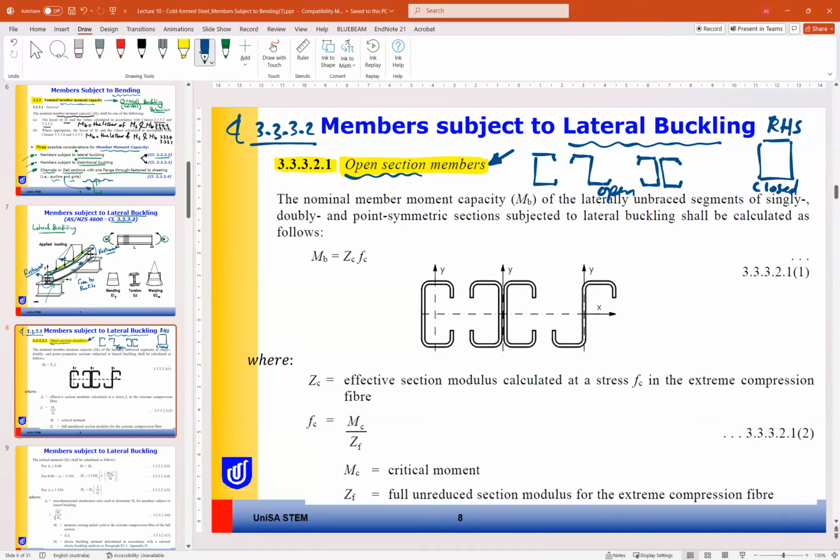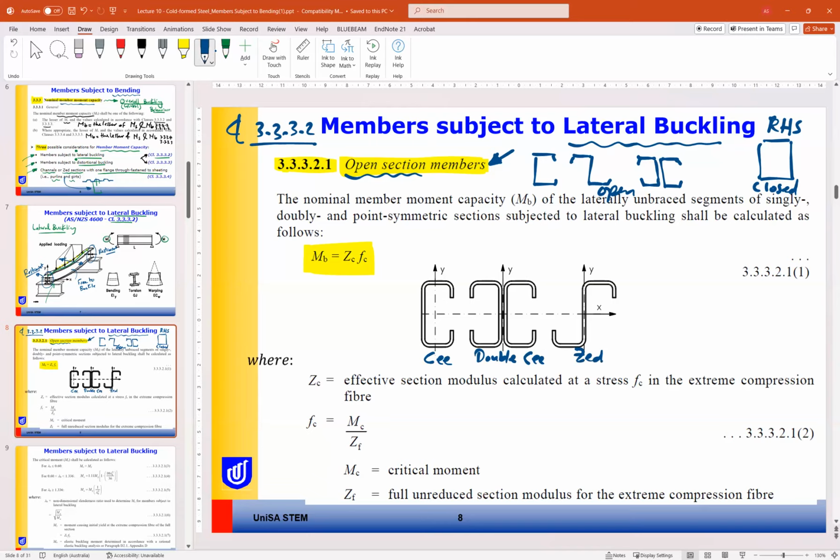These are the section examples: C, double C, and Z section.